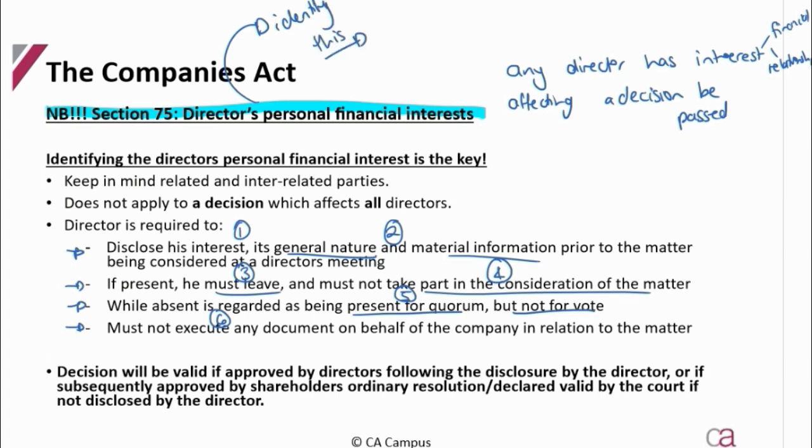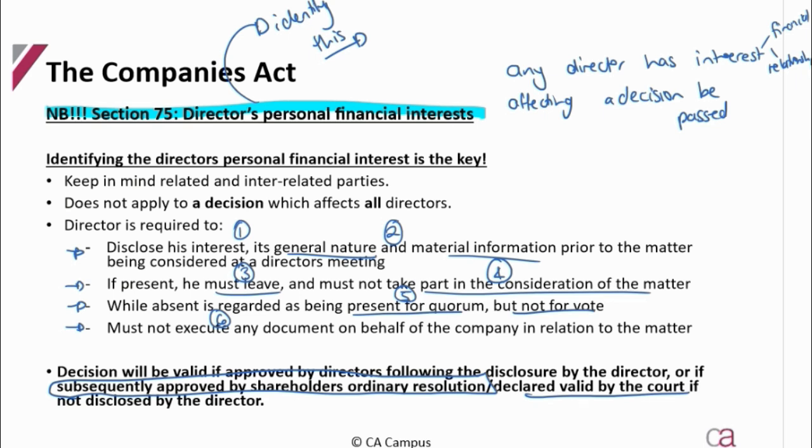section. Okay. Note that if the director didn't disclose, did take part in the vote, and the decision was made in favor of what he wanted, the decision still stands if and only if it was subsequently approved by shareholders with an ordinary resolution, or if it was declared valid by the court.